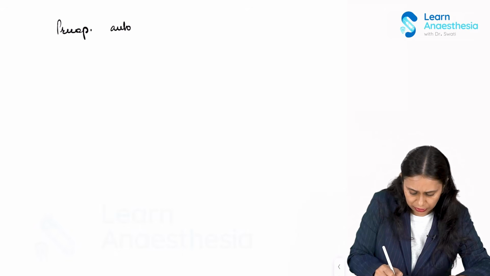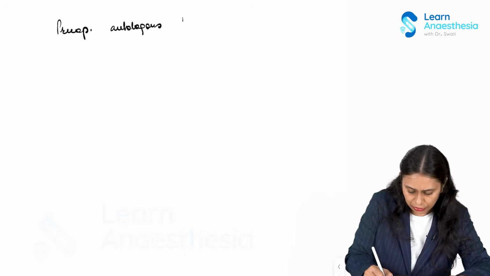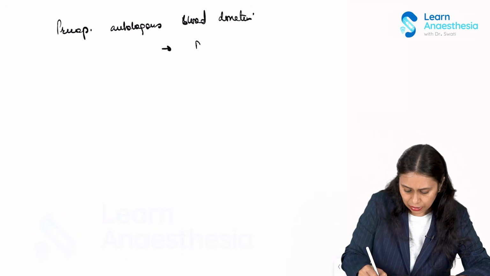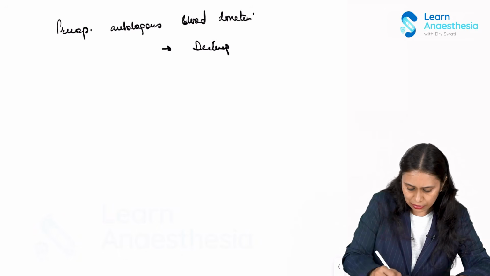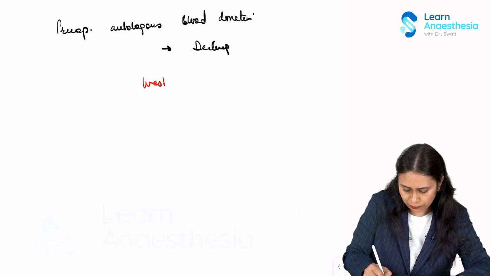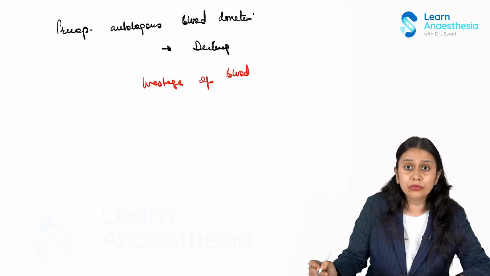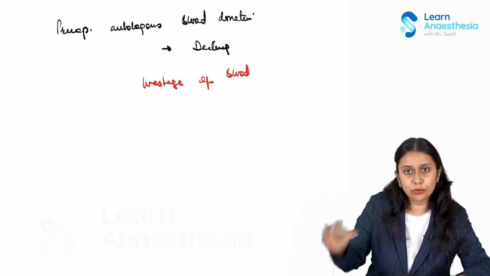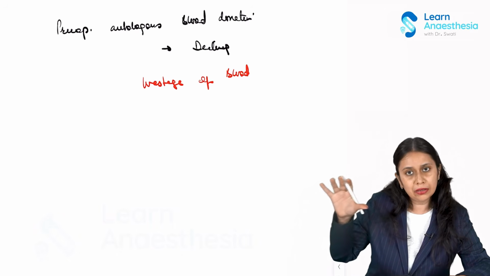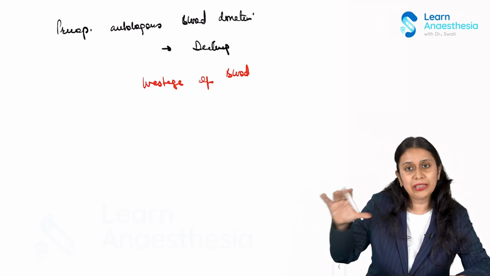So preoperative autologous blood donation is declining day by day. Now why is it declining? Because it causes wastage of blood. If the patient is not transfused, it is thrown away, it is not to be used for another patient. It should be properly taken, conserved, and labeled properly.